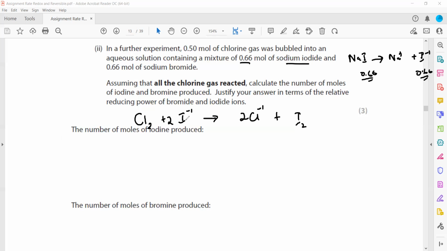What is the ratio between chlorine and iodide ion? The ratio between them is 1:2.